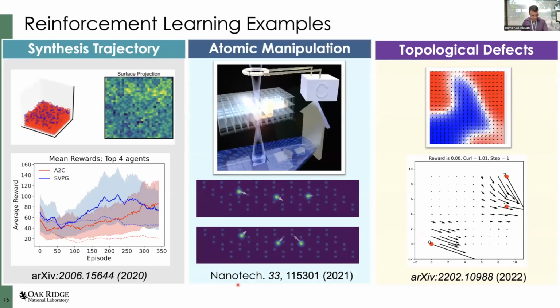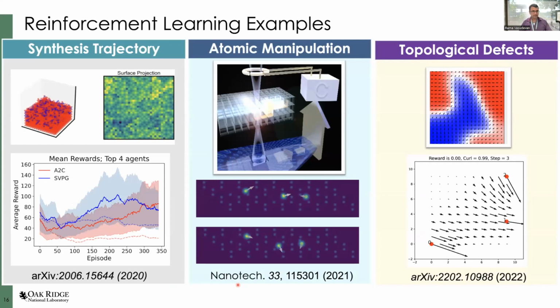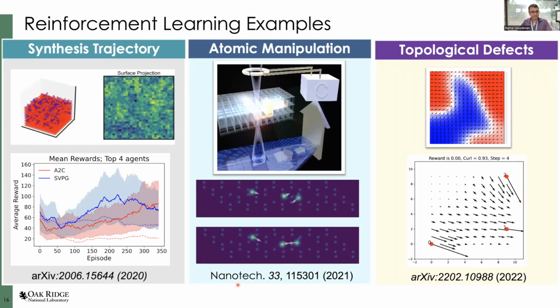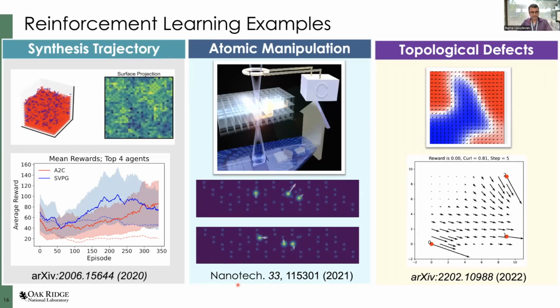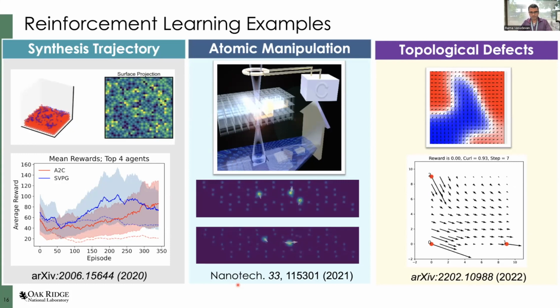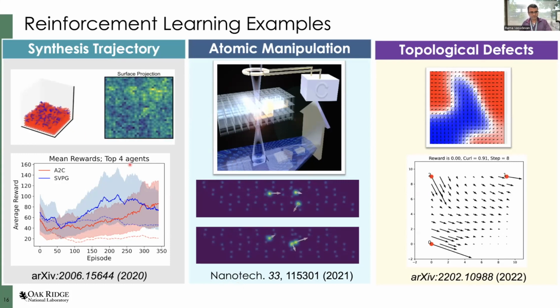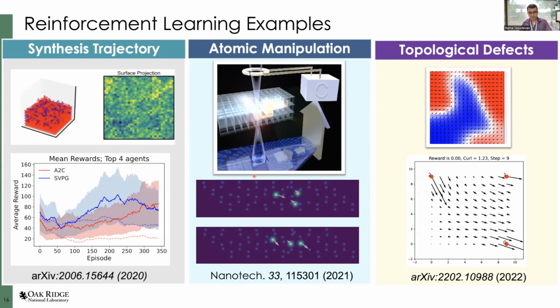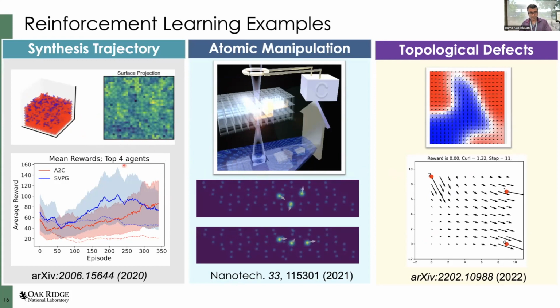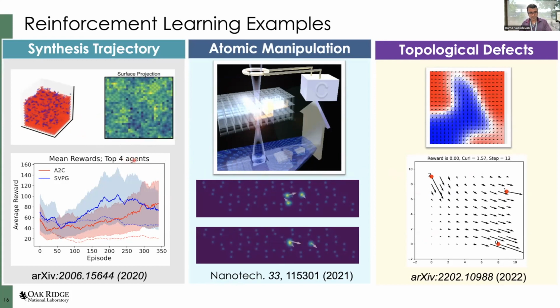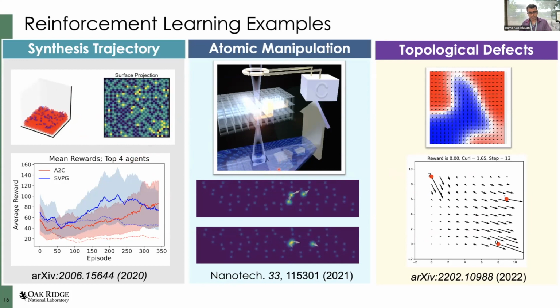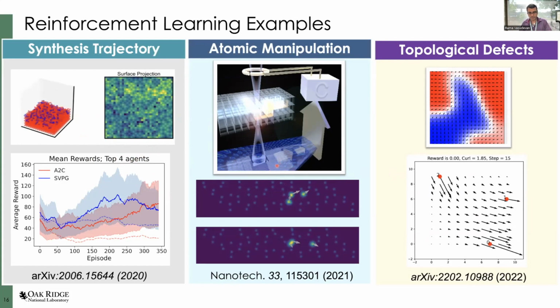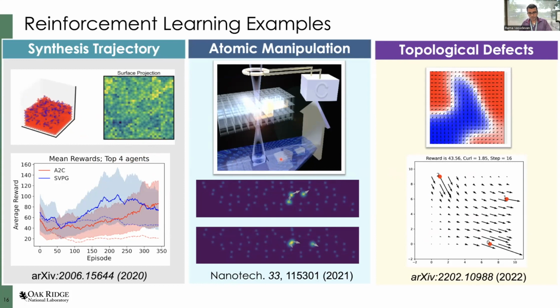All right, so with that said, I'm going to talk about 3 different examples of reinforcement learning as they're applied. These are all just simulated examples before I get to an experimental example. On the left-hand side, we have one of synthesis of a particular material system. In the middle, we have an example of manipulation of dopants in a molecular dynamics simulation, but this is also actually doable through the scanning transmission electron microscope.